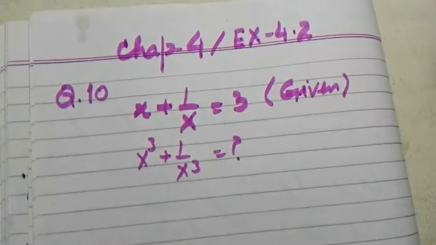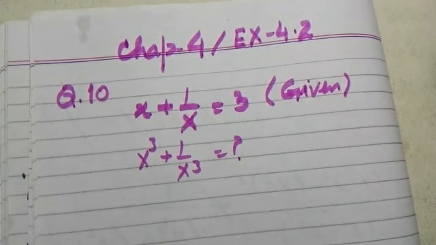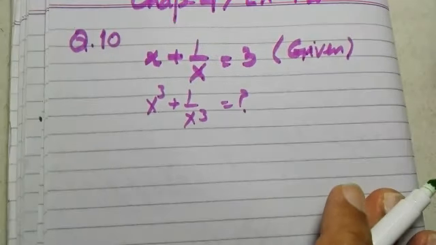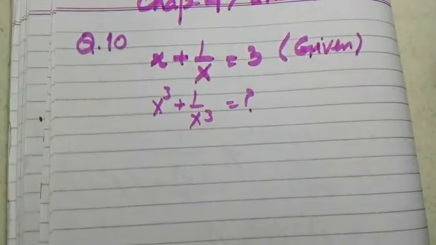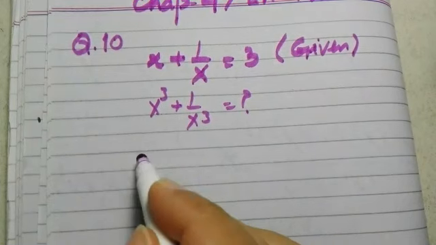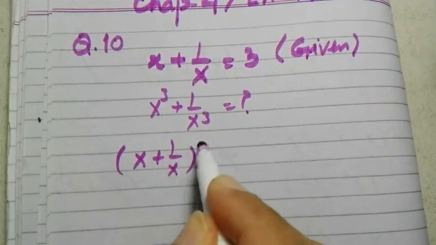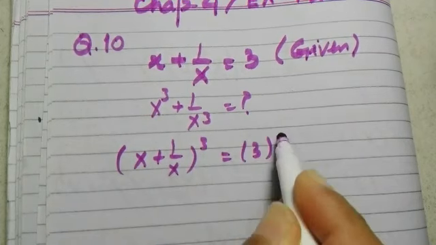To find it, we will use the technique that what is given, you will take its cube on both sides.